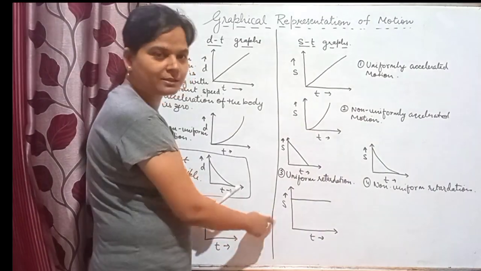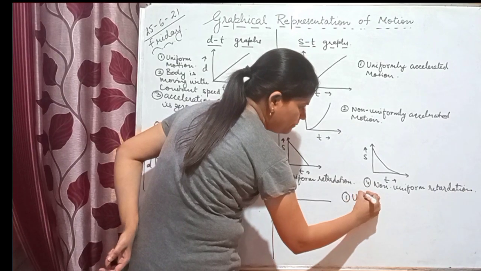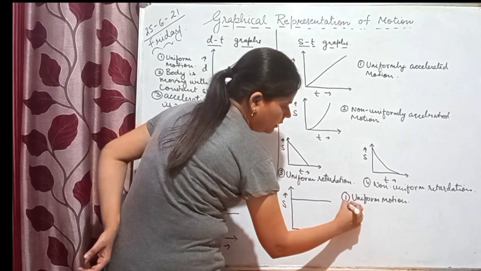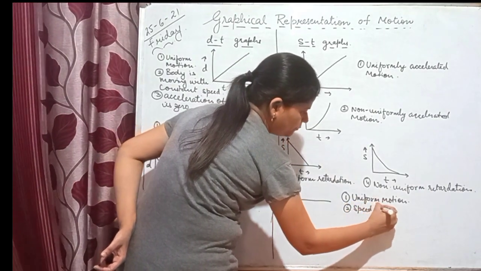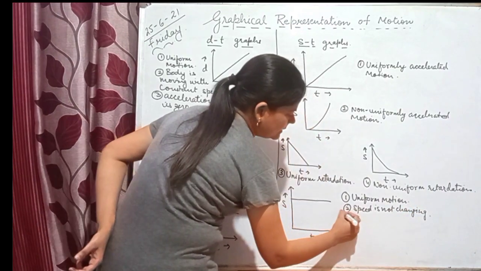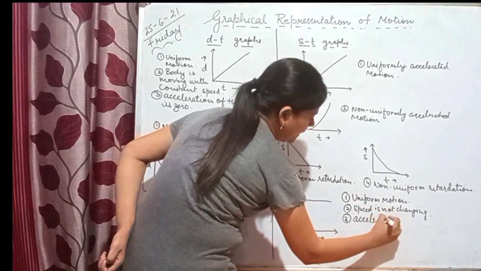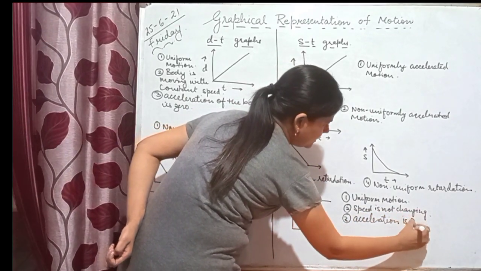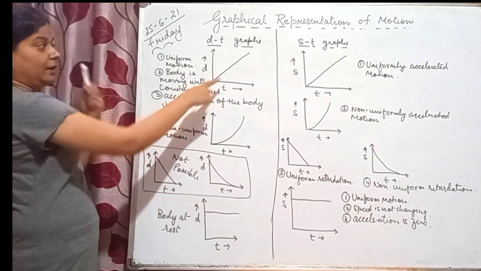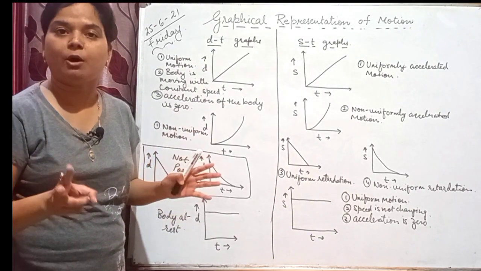So from this graph, we will be interpreting first that the motion is uniform motion. Second, speed is not changing. And third one is zero acceleration, acceleration is zero, right?